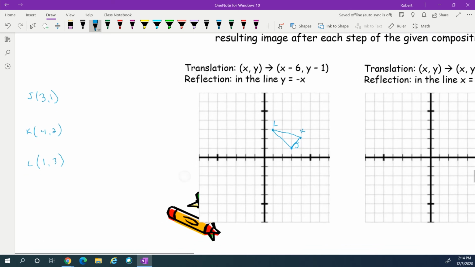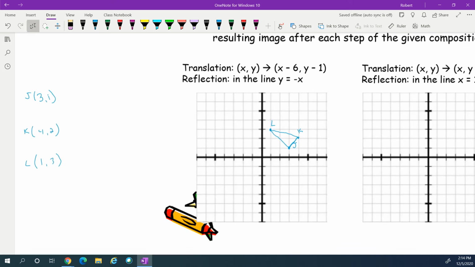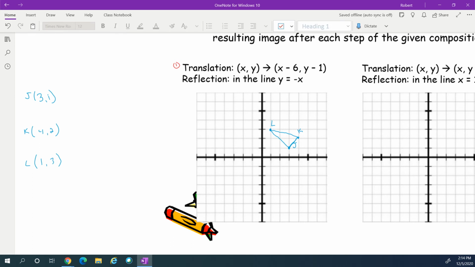Okay. Now we're going to do step 1. We're going to translate it. So for every x and y, we're going to subtract 6, subtract 1. So think about that. I'm writing it in vector mode just because it's a little bit shorter to save a little space.